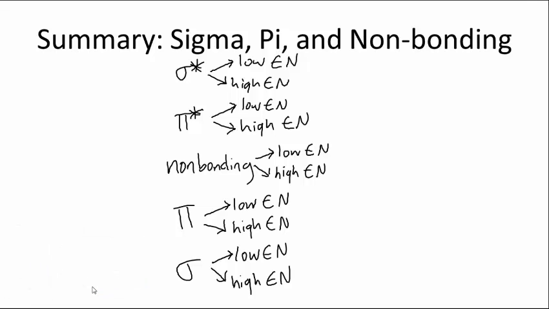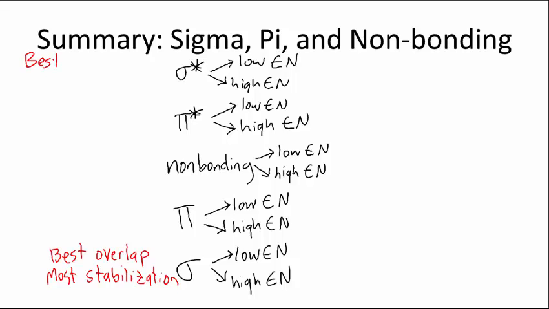And just to restate why it goes in this order, sigma bonding orbitals, they have the best overlap, so they have the most stabilization. Sigma star are at the top because they have the best overlap and the most destabilization.